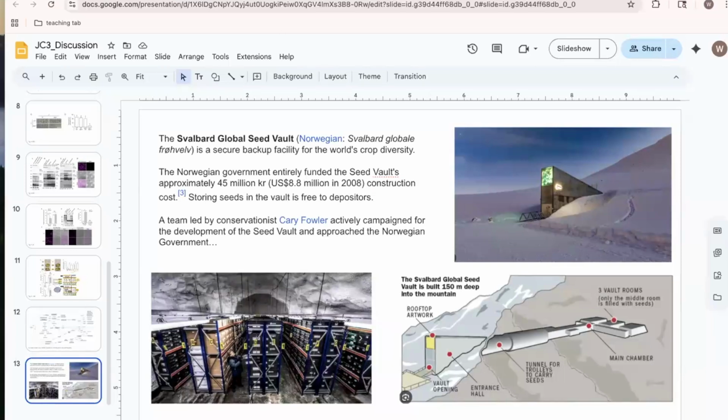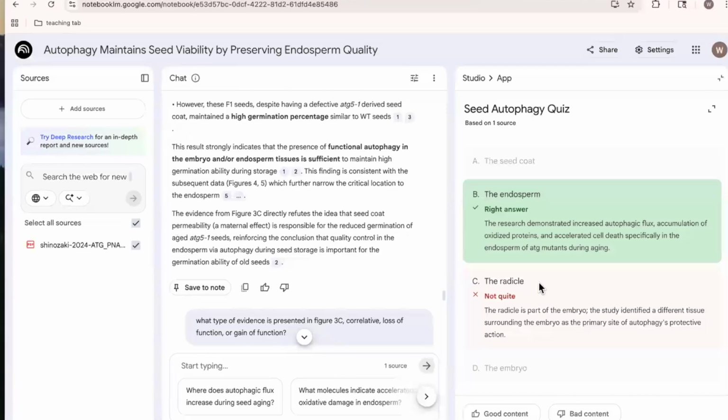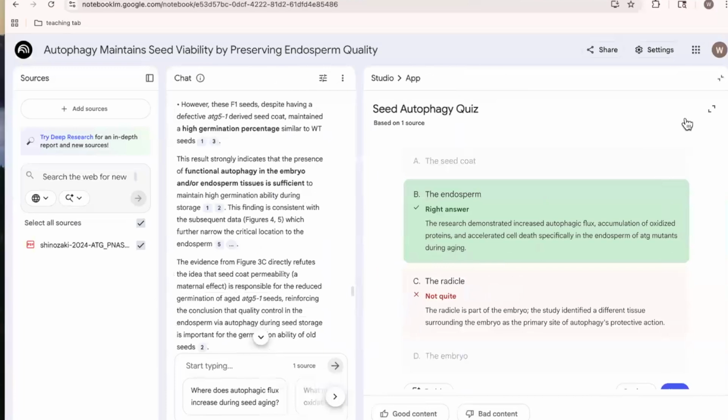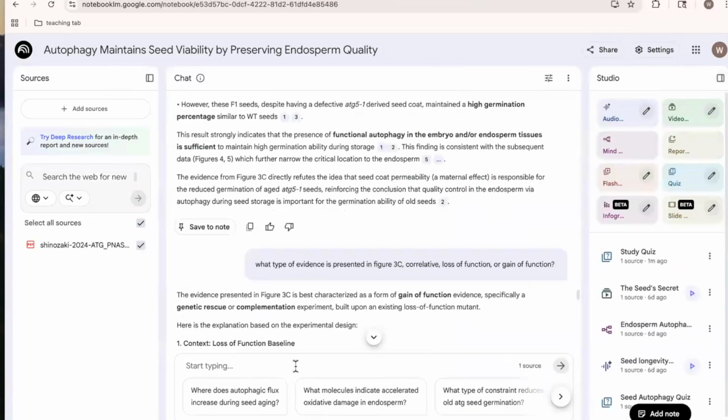All right, so coming back, I would like to demonstrate the interactive feature of NotebookLM. I'm going to minimize this portion, right? So for example, I can ask what are the independent and dependent variables in the figure.